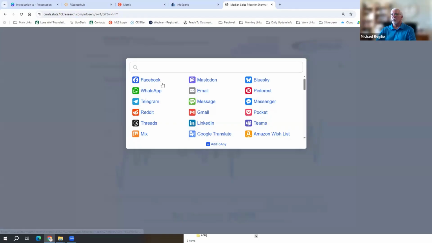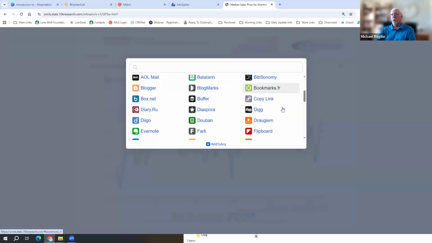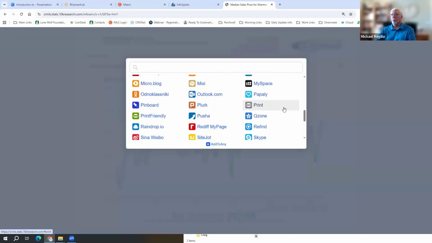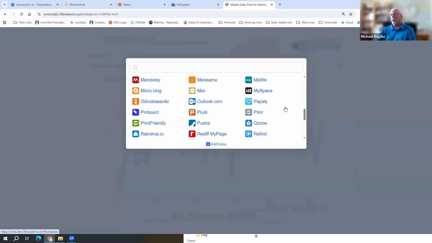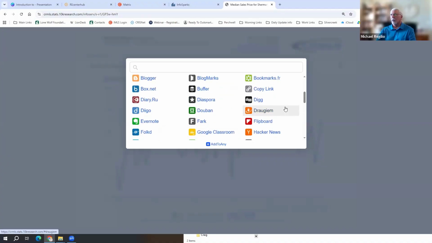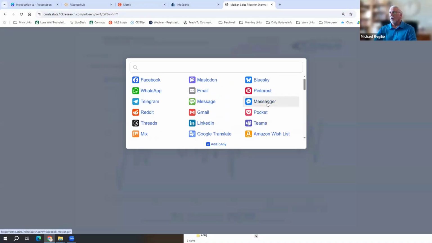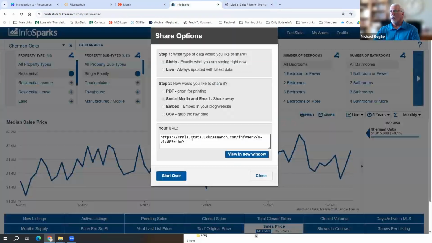I can share it to any of these different systems directly. I haven't tried Evernote yet. I use Evernote. It's a great program, but I can put it in a message, or I can just copy this link and put it into just about anything that I'm sharing.